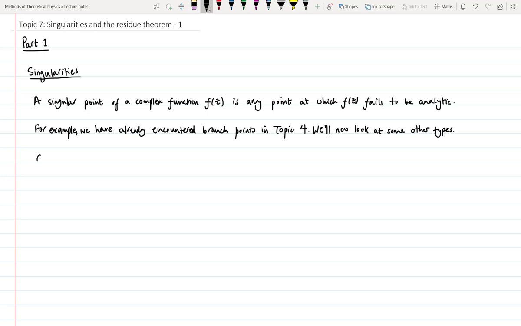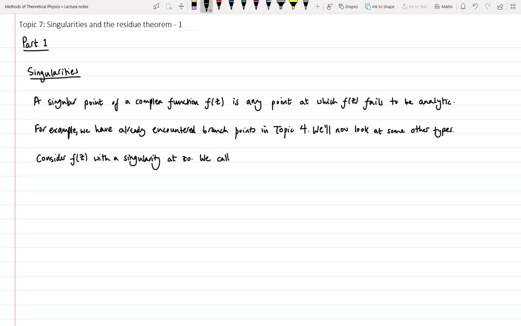Okay, let's consider f(z) to have a singularity at the point z0. Now this is a bit of terminology coming up next.